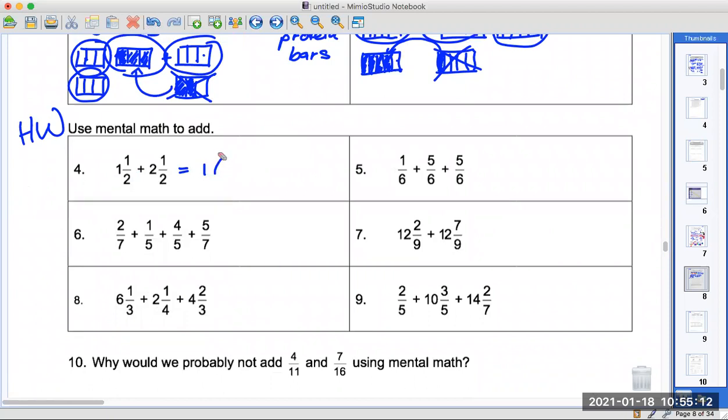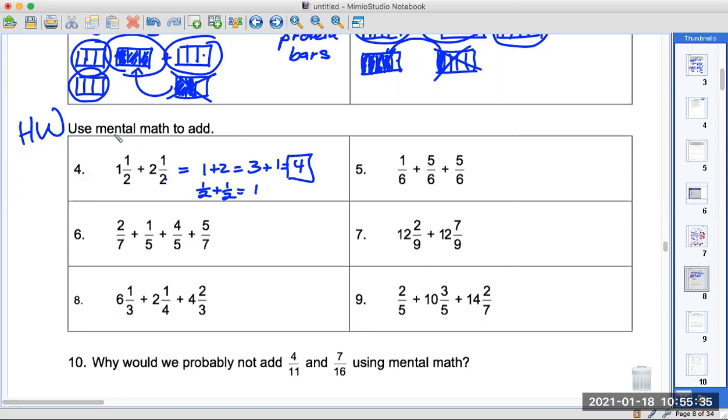Mental math, you don't want to write it down, but I'm going to write it for you so you know what to do. 1 plus 2 is 3. 1/2 plus 1/2 is 1 whole. 3 plus 1 is 4.